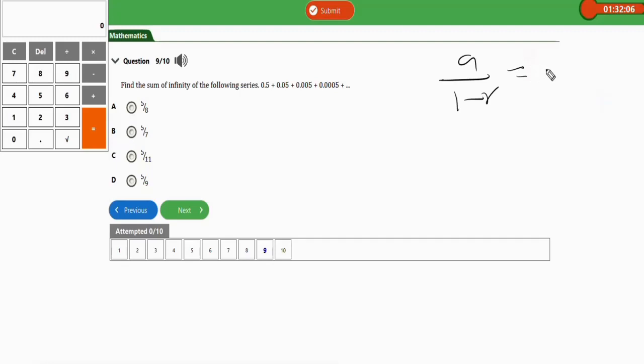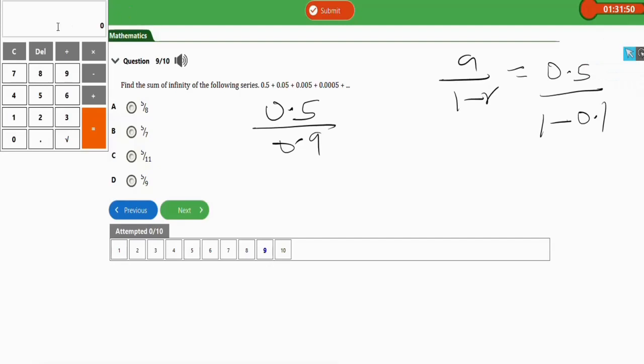So let's input everything. Our a is 0.5 over 1 minus 0.1. When you break this down, 1 minus 0.1 is 0.9. So this is 0.5 over 0.9. Let's verify with the calculator. 1 minus 0.1 gives you 0.9.